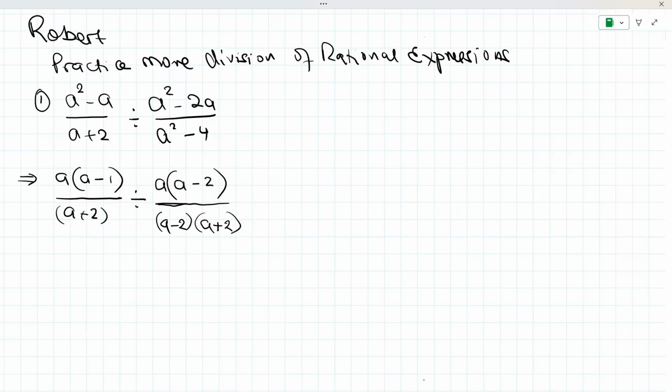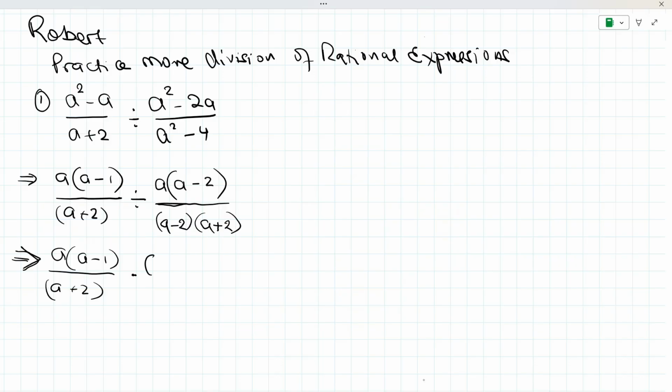So next is to get rid of this division sign here between the two expressions. So we have a into a minus 1 divided by a plus 2 at the bottom. And this is supposed to be multiplied by the reciprocal of our expression on the right-hand side.